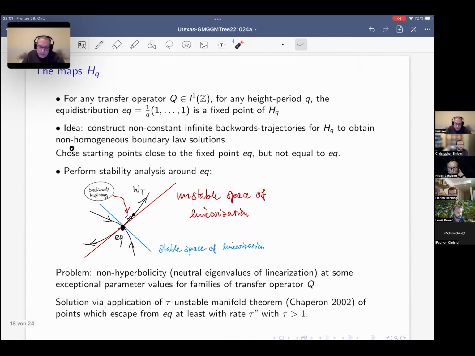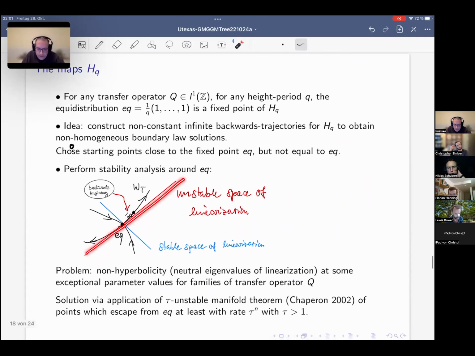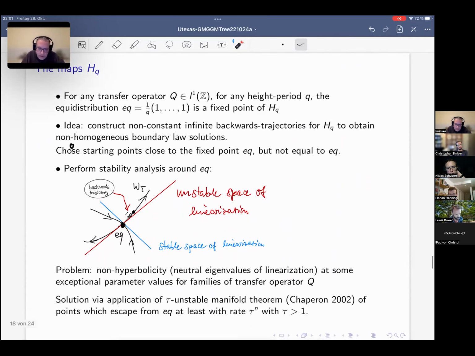But the idea is like this. Here's some symbolic picture. Here is the equidistribution, which is a fixed point. Suppose that you have an unstable space here, first of all, for the linearization of this map, and a stable space for the linearization. Then you have an unstable manifold and a stable manifold for this discrete dynamical system. If you start on the unstable space and look at the backwards trajectory, then you will converge to the equidistribution.